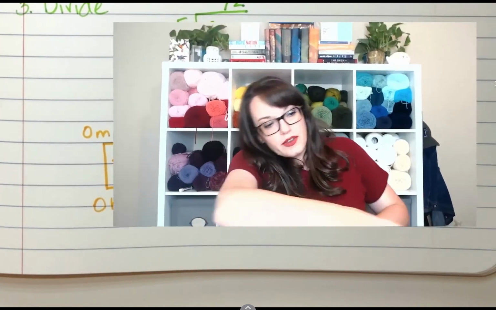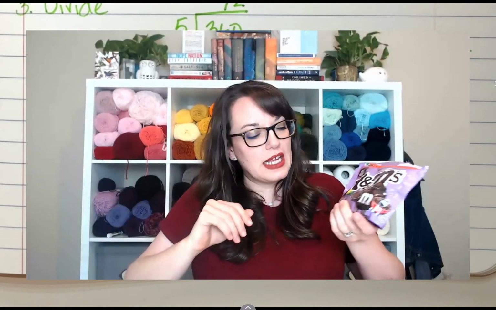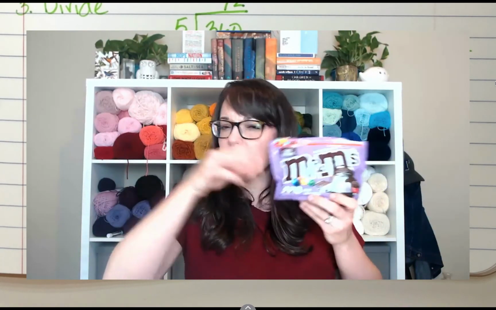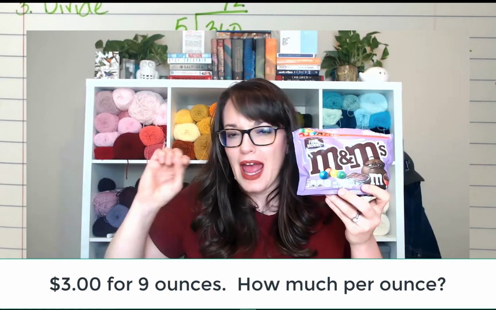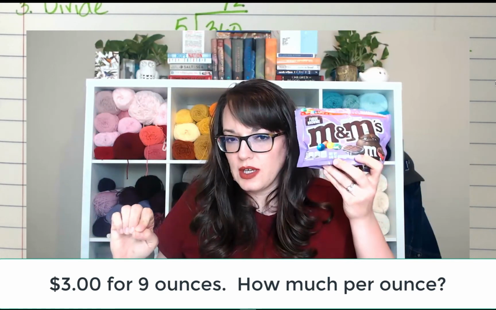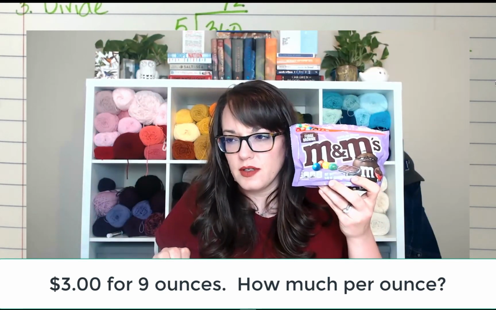Oh, here's another example. My fudge brownie M&Ms. There are 9 ounces in this bag. There's not 9 ounces anymore, but there was when I got it. I paid, let's say, $3 for this bag. So how much per ounce are the M&Ms?